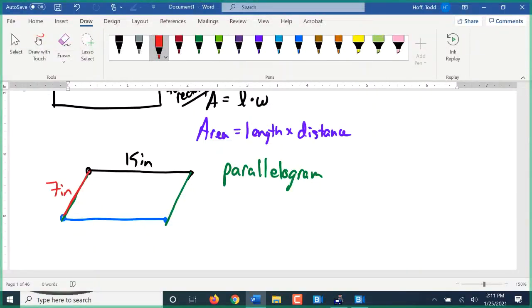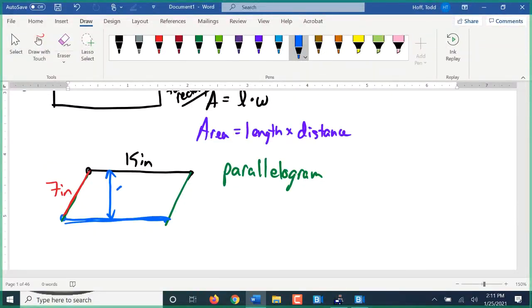Is the area 15 inches times 7? No. The 15 and the 7 are not perpendicular. To calculate area, I have to use two dimensions that are perpendicular with each other. What I need to know is the distance where the 15-inch piece started to where it ended down here.